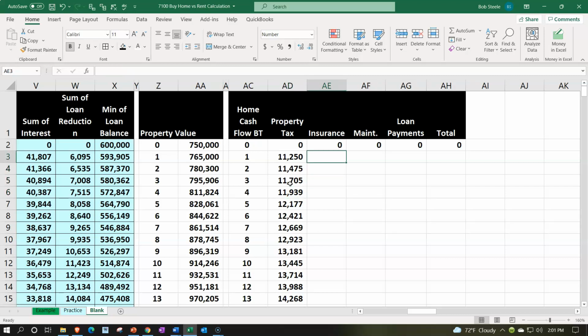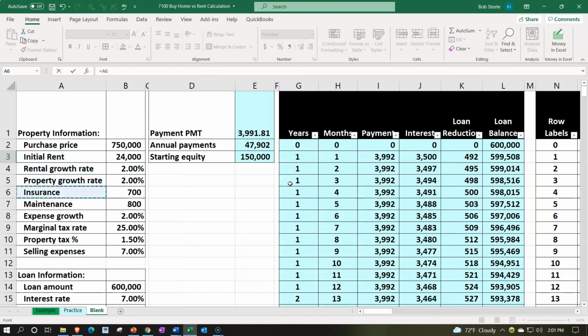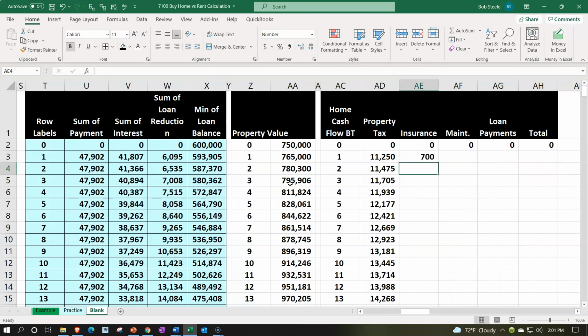So then we've got the insurance. We're saying it started at a cost of 700. That's going to be our starting cost. We're going to say that the insurance is going to go up by inflation, which we're assuming to be 2%. So the costs, general expenses, will typically be going up by that 2%.